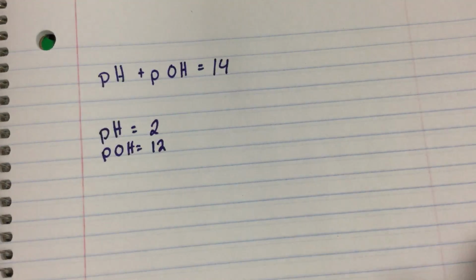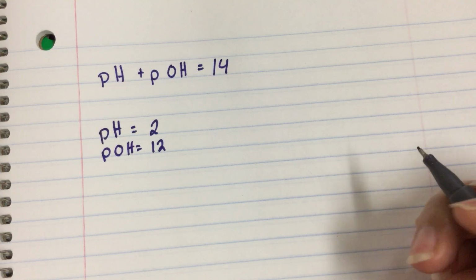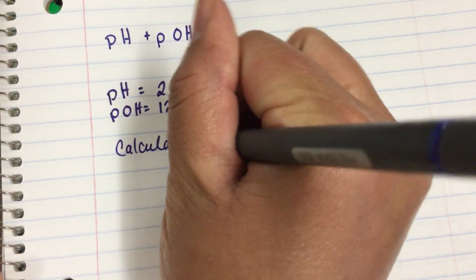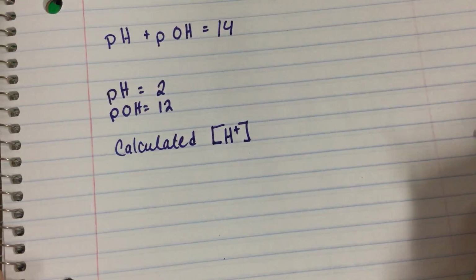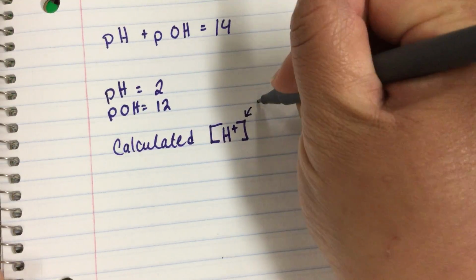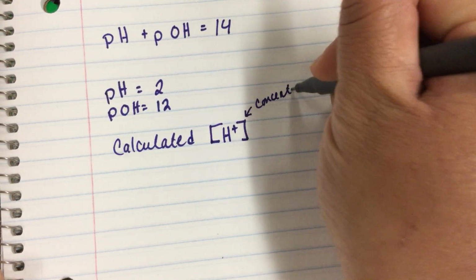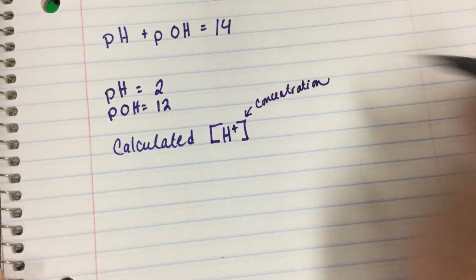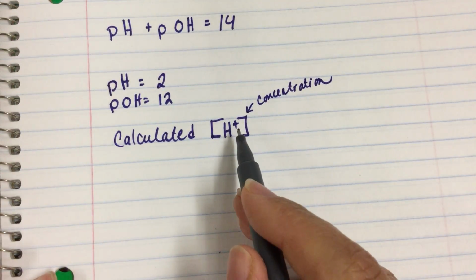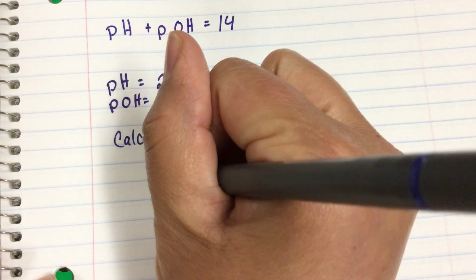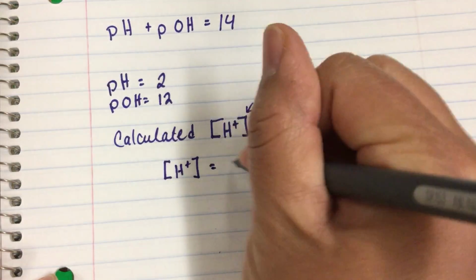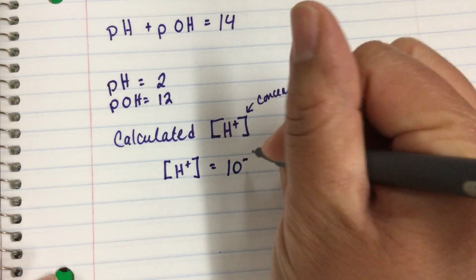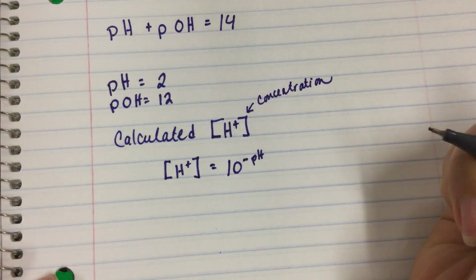So if I need to figure out my calculated concentration of hydrogen ions, remember this right here means concentration. If I need to do that, I'm going to use my formula: concentration of hydrogen ions equals 10 to the negative pH.